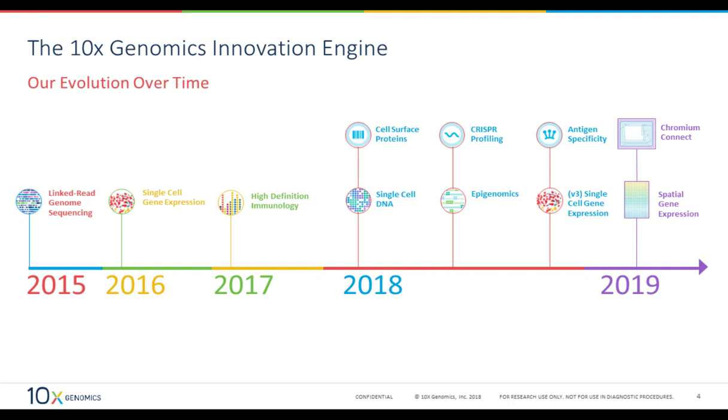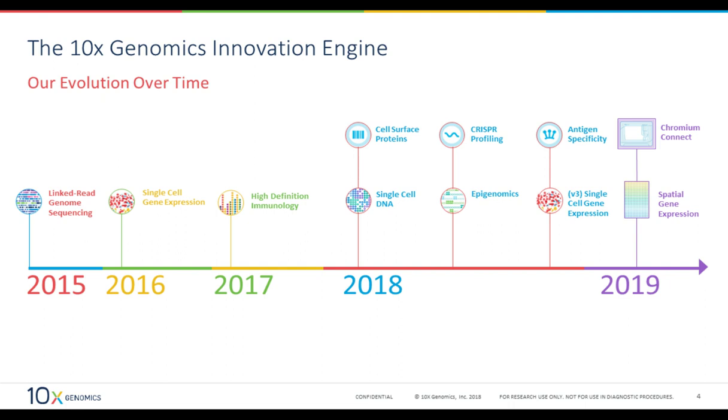10x released their first commercial product back in 2015, which was based around linked-read technologies. But around 2016 and onwards, we focused our efforts on the single cell genomic space, and released a number of kits of developing complexity. We moved from straight single cell gene expression to immunology as well, being able to look at cell surface proteins and CRISPR profiling.